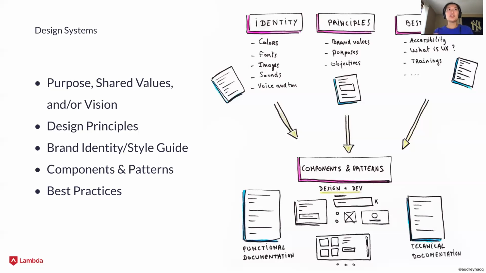Now, what I would like to do next is actually show a design system that some of you may have seen. I had added the link in Slack, but we'll look at IBM's Carbon design system. But before I move on to that, I wanted to see if there were any questions related to any of these categories that we reviewed.